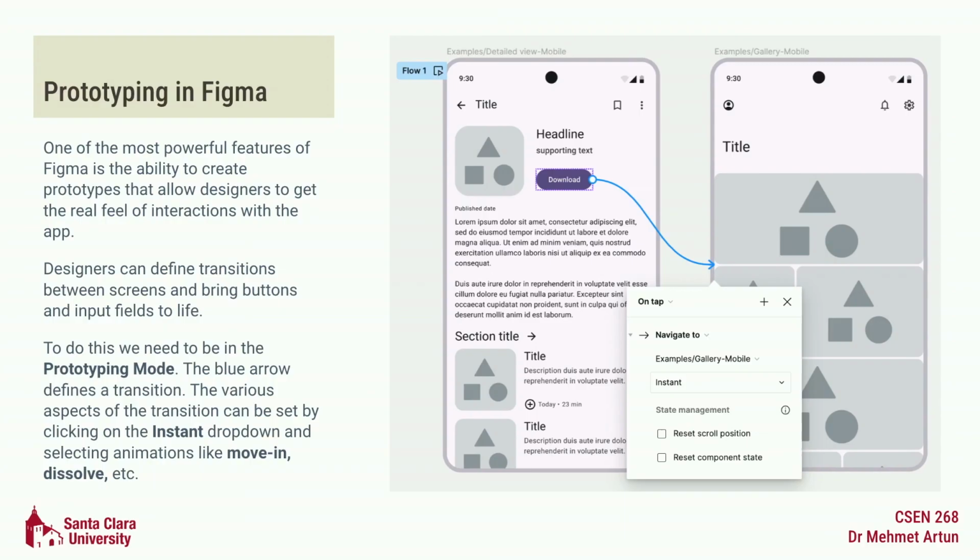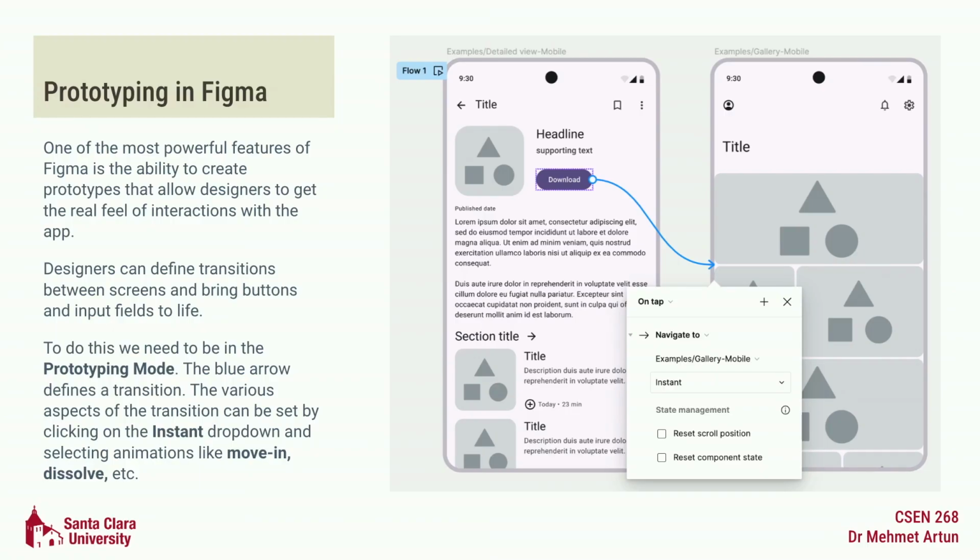Another thing in Figma, okay, is prototyping, meaning the transition from one screen to the other. So what you do is that you have this screen, which is, I don't know, title, headline, something.